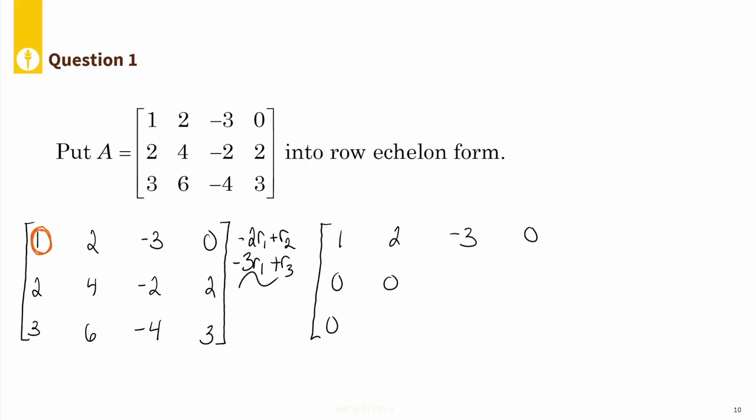Plus -2. What was it? Sorry. 4. Oh, this one's going to be really hard. Negative 2 times 0 plus 2. So, oof. There's your new second row.